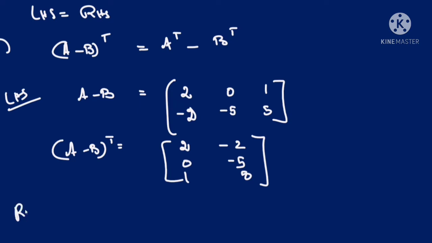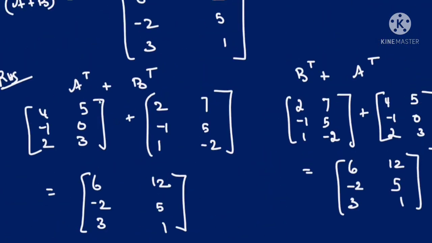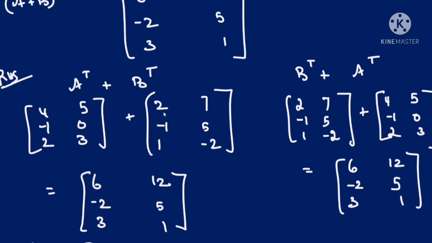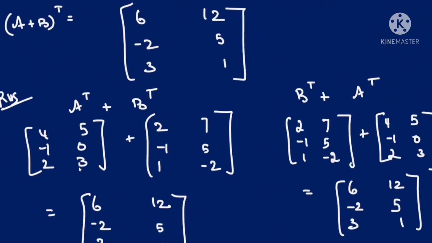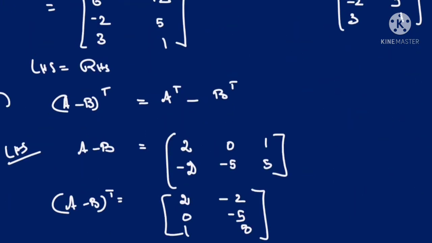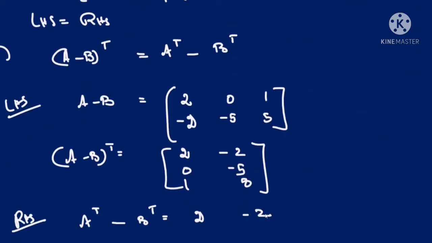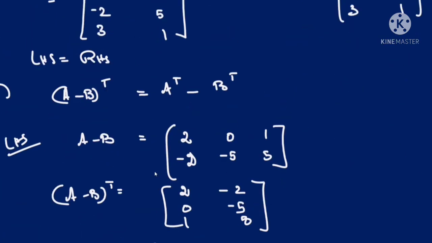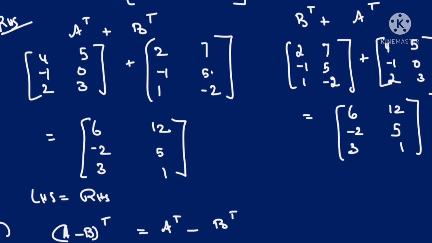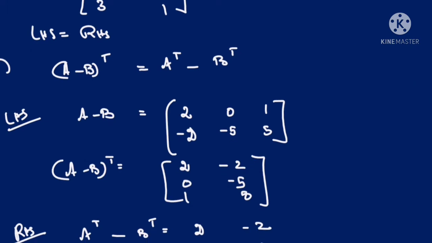Now we have to find A transpose minus B transpose. What is A transpose? Here. Minus B transpose. 4 minus 2, 2. Then 5 minus 7, -2. Then -1 plus 1, 0. 0 minus 5, -5.